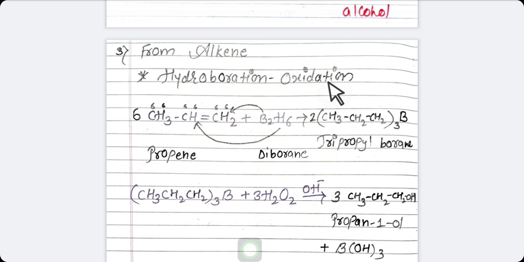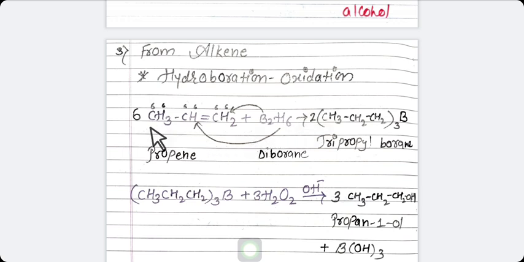In this method the addition of diborane to the double bond takes place in such a way that the boron atom gets attached to the less substituted carbon atom, meaning it follows the anti-Markovnikov rule, or it is completely opposite to that of acid catalyzed hydration. Clear, all of you?